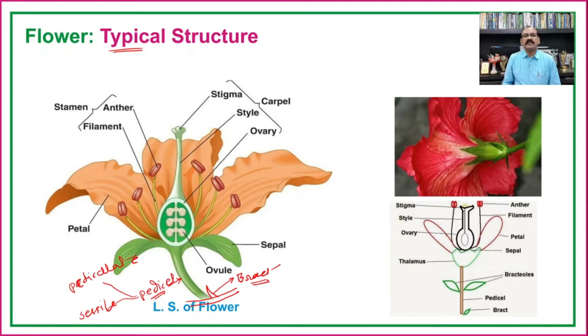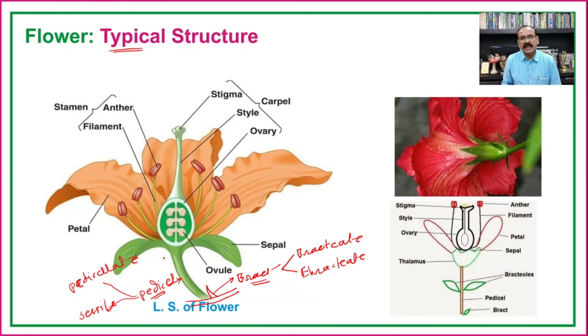Even the bract may be present or may not be present in the flower. If bract is present, then the flower is known as bracteate, and if the bract is absent in the flower, then it is known as ebracteate flower.